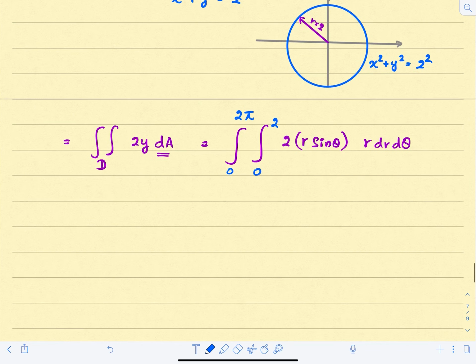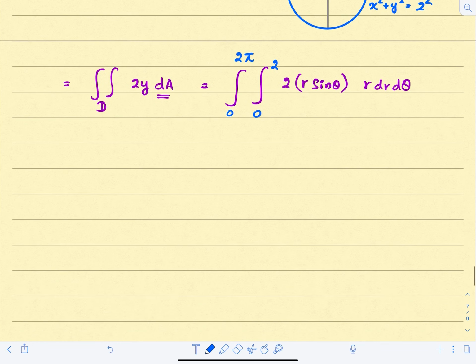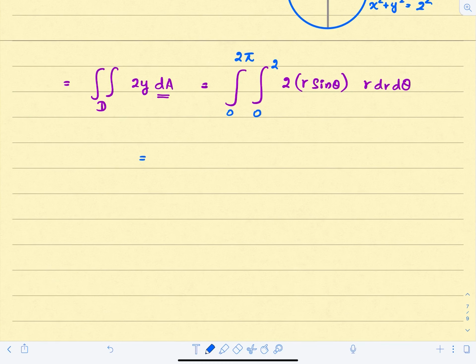Okay, let's integrate this. We can pull out 2 from the two integral signs. And if you simplify the integrand, you will get r squared sine theta dr d theta.